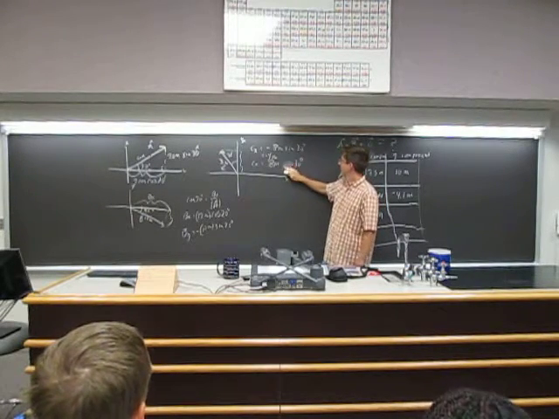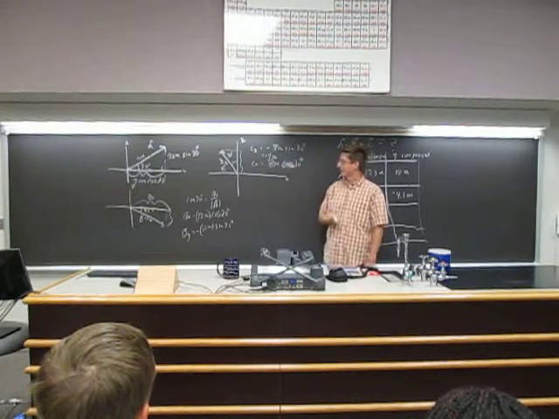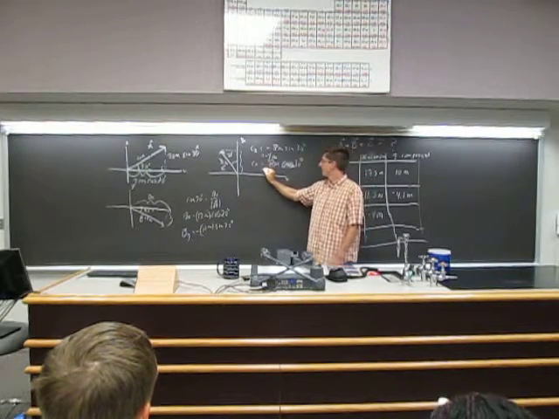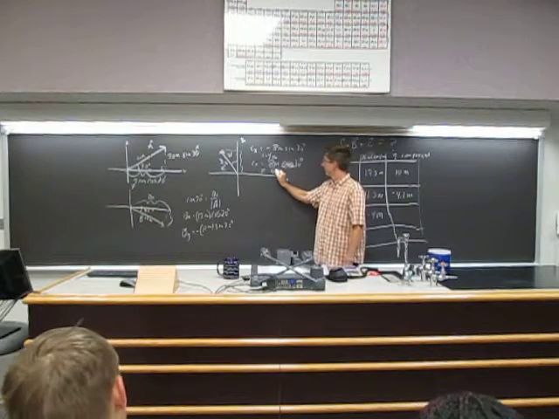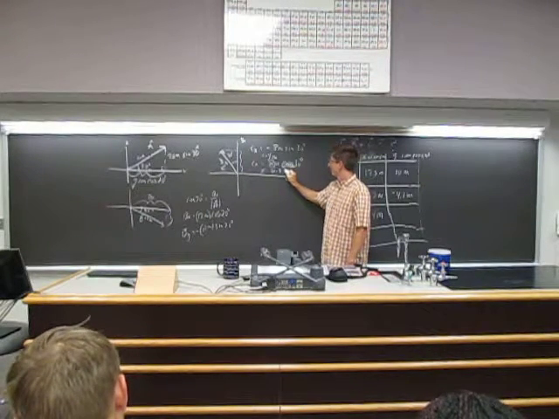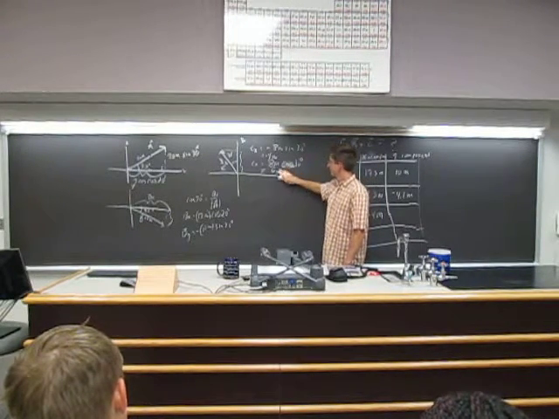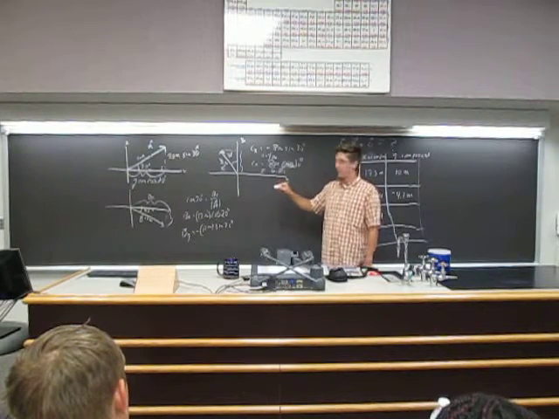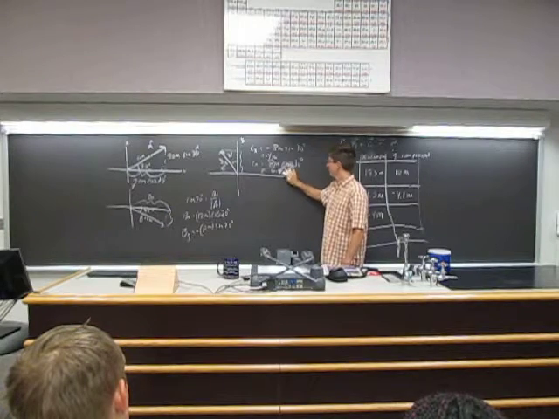Cosine, yes, very good. And so what did this become? 6.9. I think that's 6.928 is what I got. All right, we'll leave it at that.